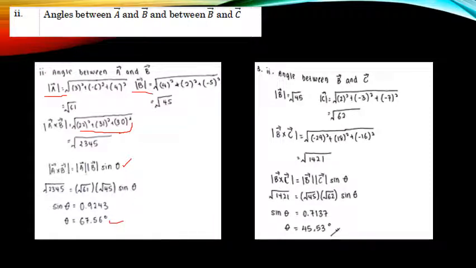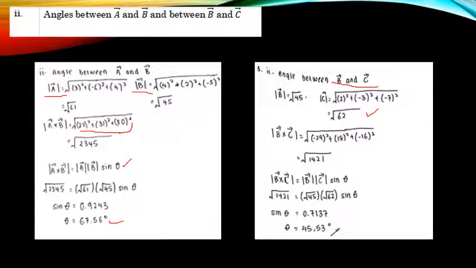For the angle between B and C, I already have the magnitude of B. I find the magnitude of vector C, which is square root 62.